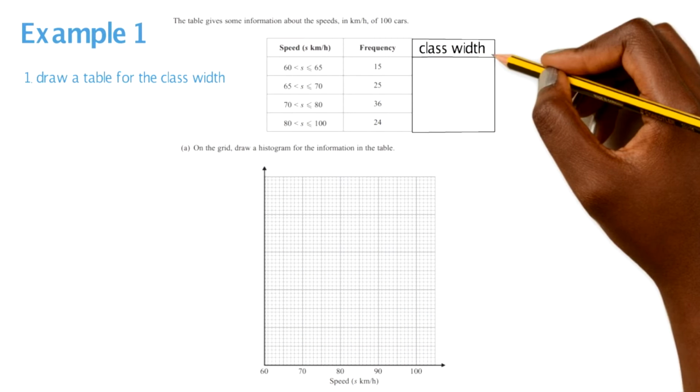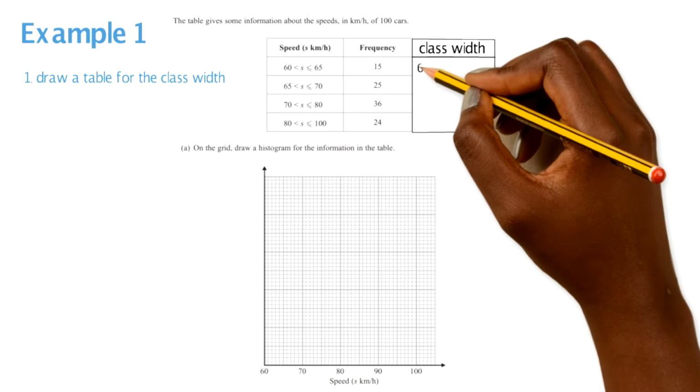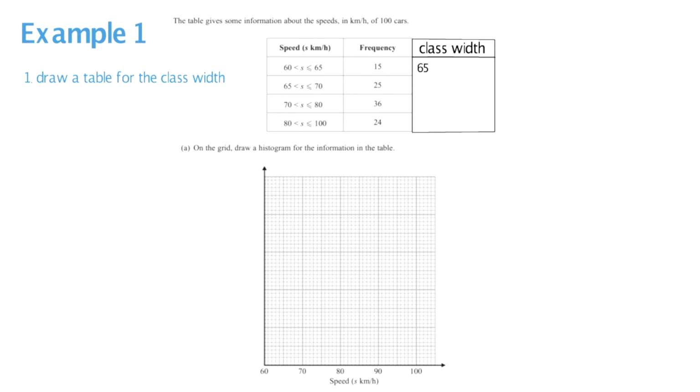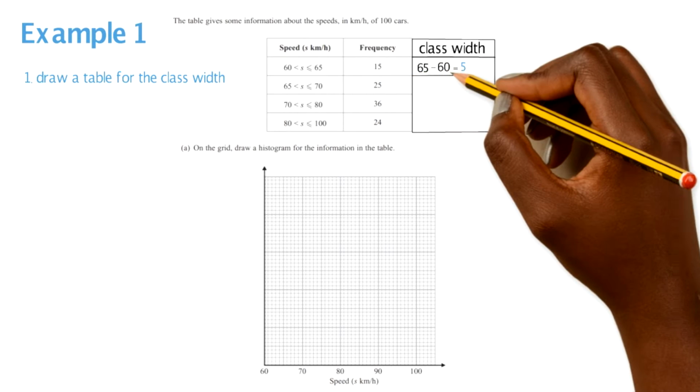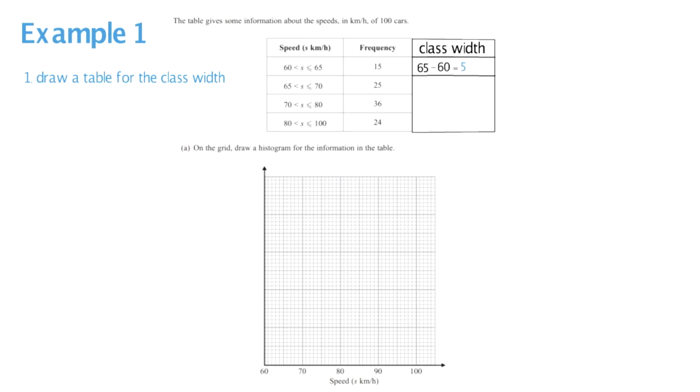To work out your class width, it's the higher end of the range take away the lower end of the range. So for the first column, it will be 65 take away 60, which is 5. You're going to do the same thing for each of the different values in the columns. The next one will be 70 take away 65, and so on. See if you can work out the rest of them before the answers appear on the screen.